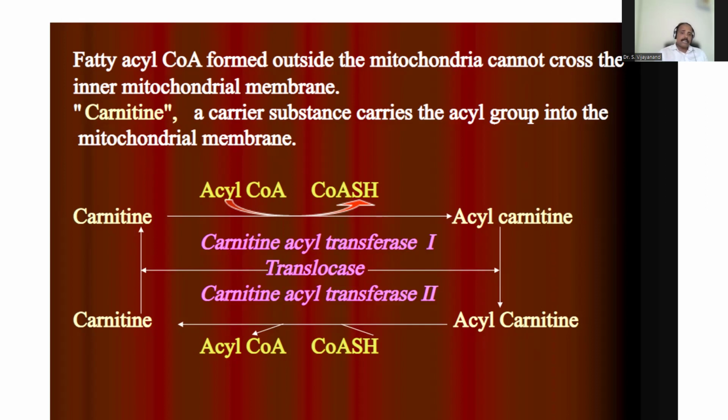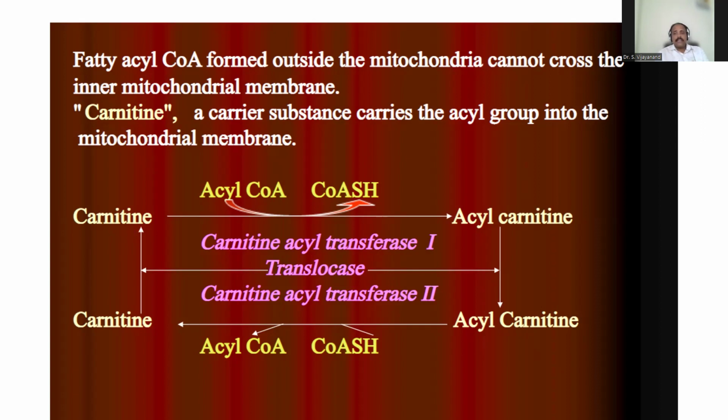Then this acyl carnitine is converted back to carnitine. It regenerates the carnitine in the inner membrane. At the same time, it releases acyl CoA. This step is catalyzed by the enzyme carnitine acyl transferase 2. The difference between these two enzyme actions is very important, especially in transporting long chain fatty acids. So this is a cyclic process.